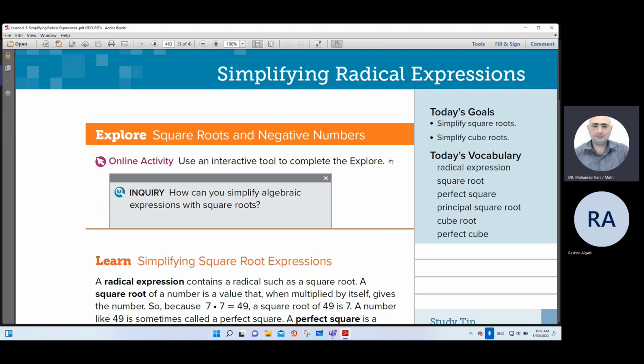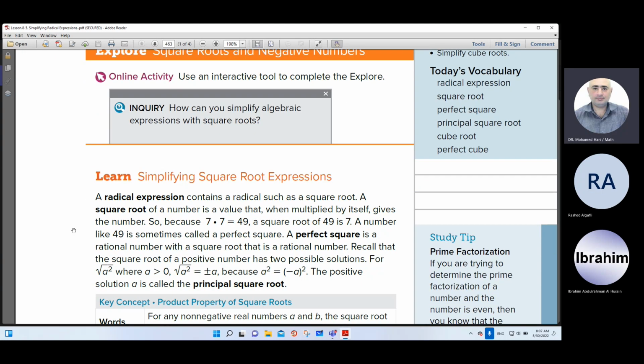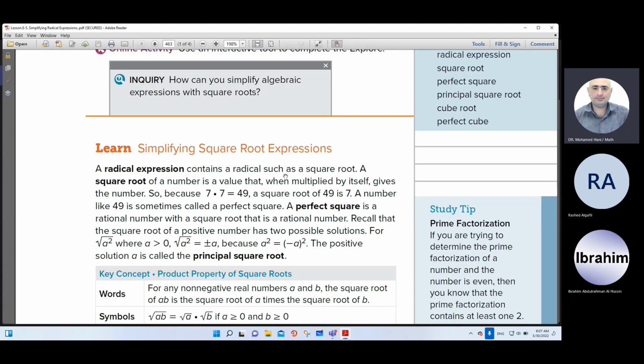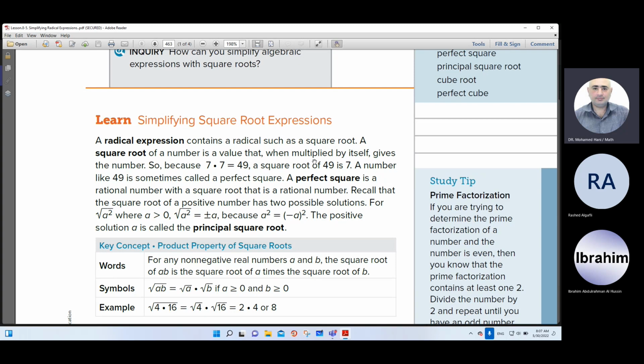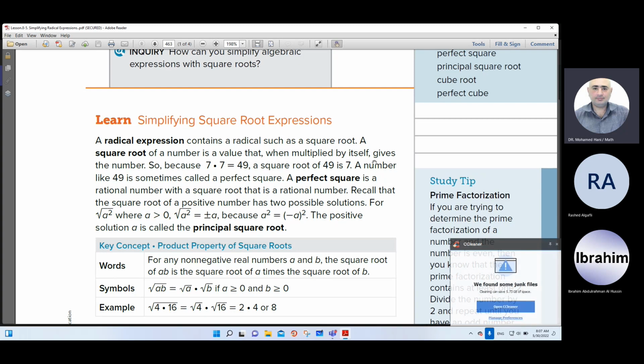The first idea, we want to learn simplifying square root expressions. What's the meaning of a radical expression? A radical expression contains a radical such as a square root. A square root of a number is a value that when multiplied by itself gives the number.